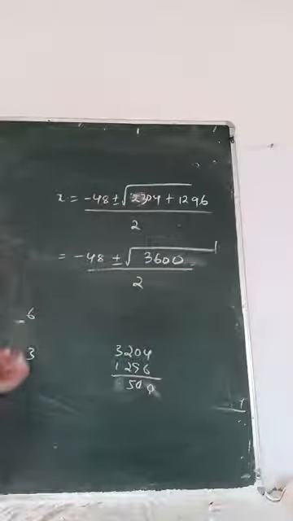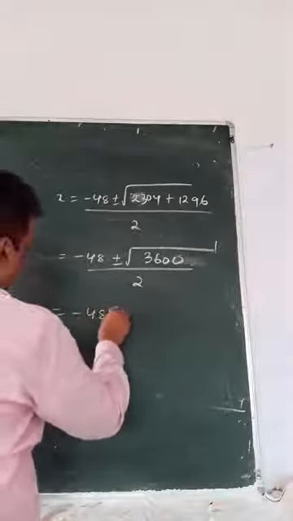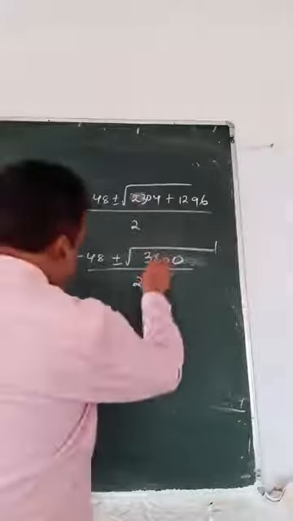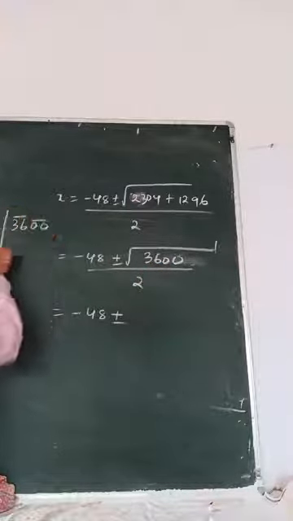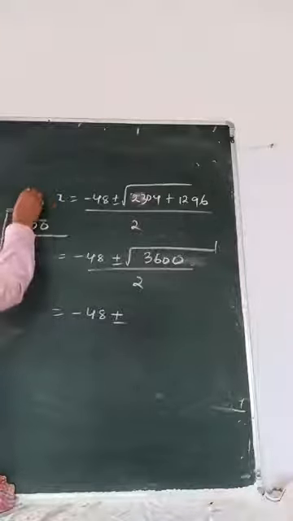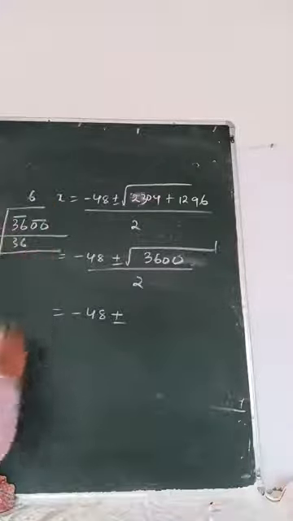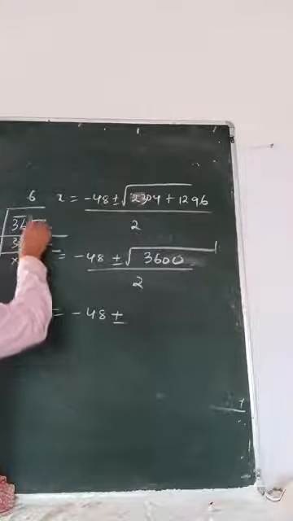Okay. So now that is minus 48 plus minus. I would like to teach you how to find the square root of 3600. First to make it pair. Okay. Then 6, 36. Then this is over. 00 comes down, means you put 10.